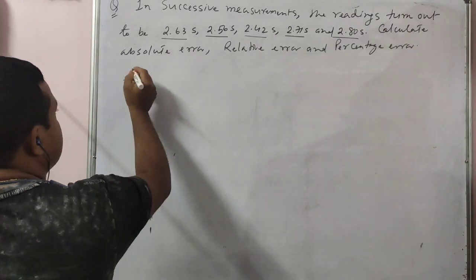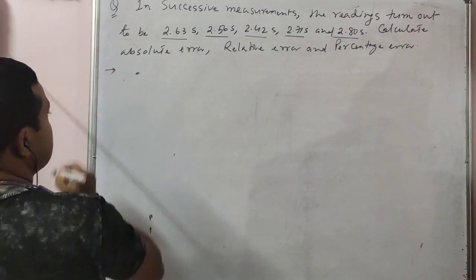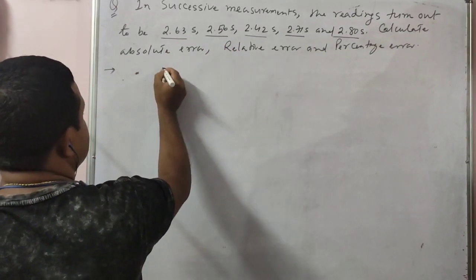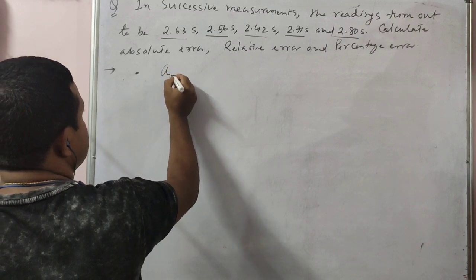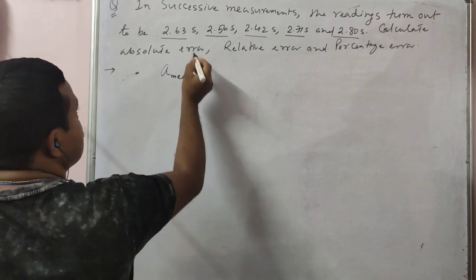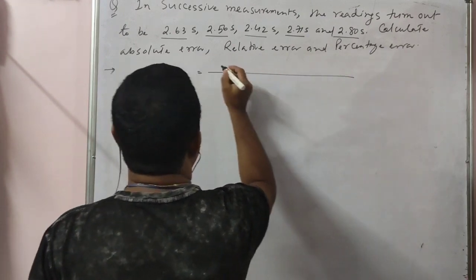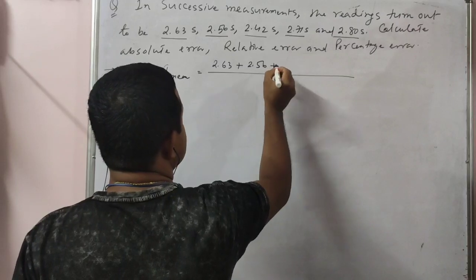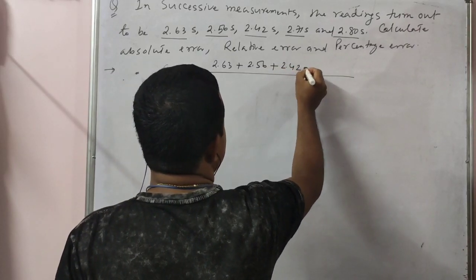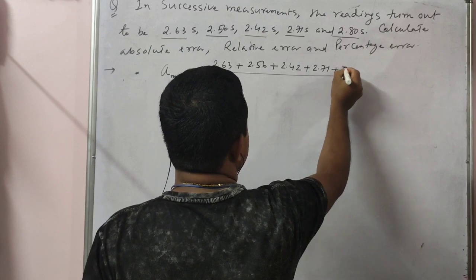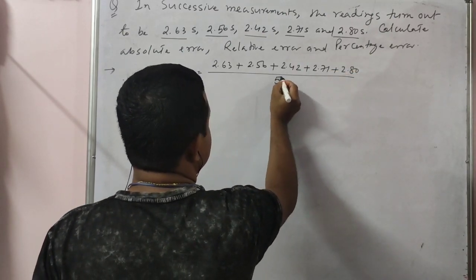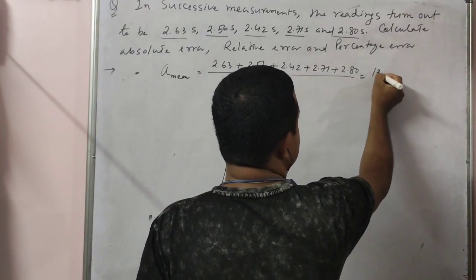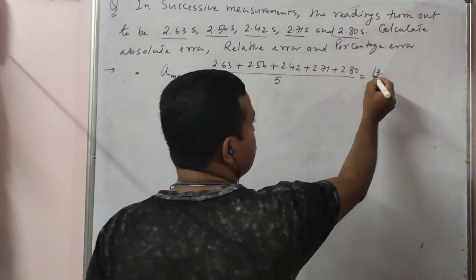Now what we do? First you have to find the true value. So true value means what? The mean value of this. That is A mean. So A mean means what? You take the average. That is 2.63 plus 2.56 plus 2.42 plus 2.71 plus 2.80 divided by 5. So it will be 13.12 divided by 5.